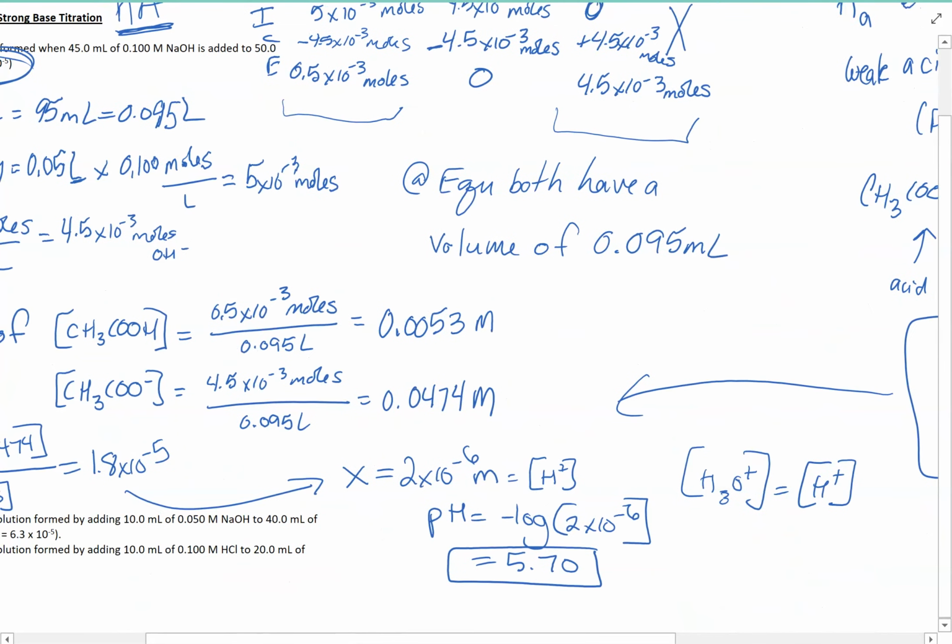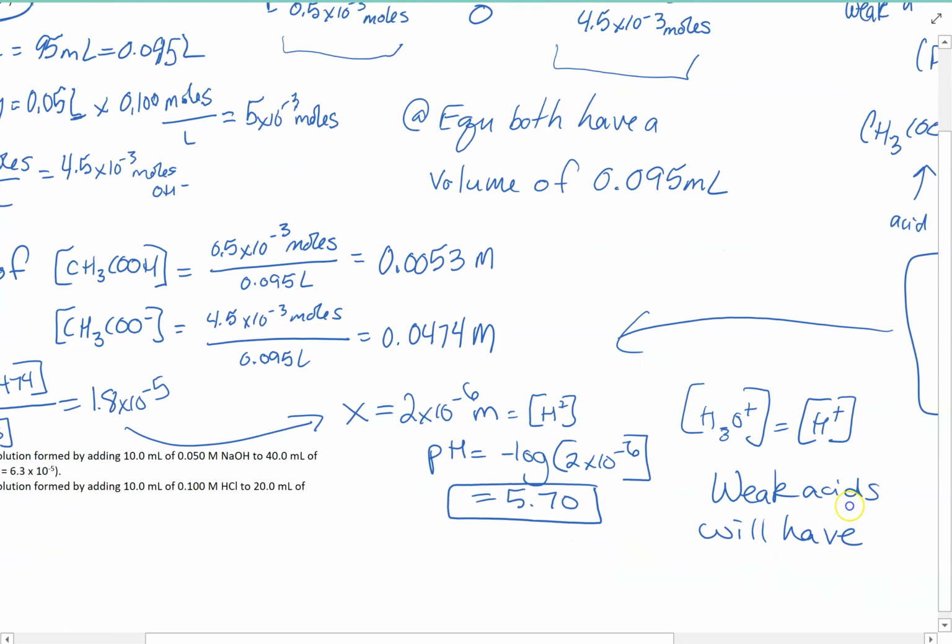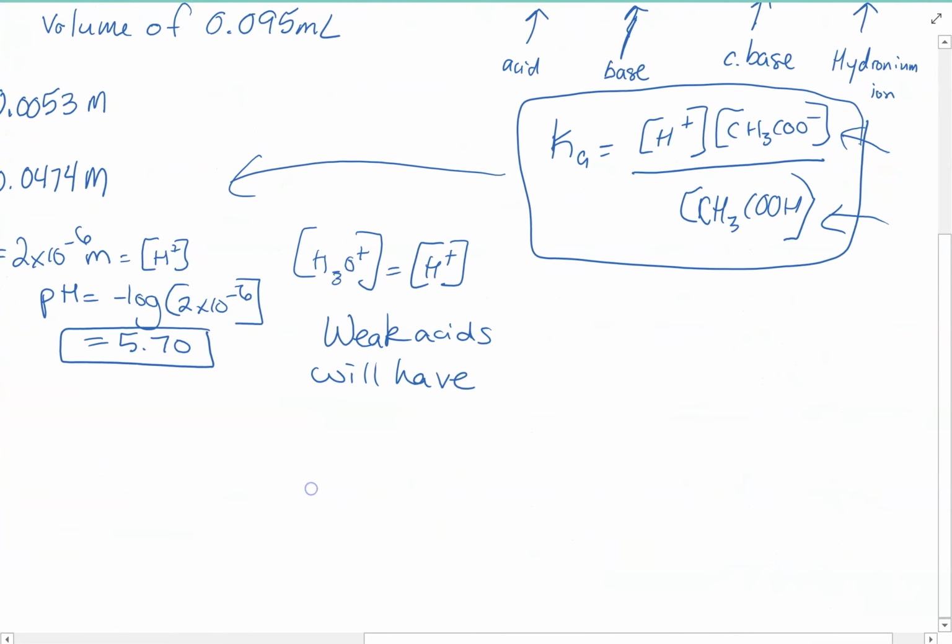We're still in acid territory, and if we were past the equivalence point, this would be above 7. Remember from our lecture, weak acids will have pHs above 7 if past the equivalence.